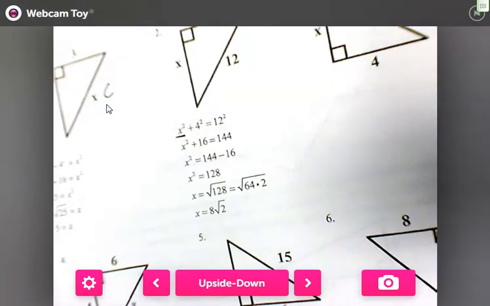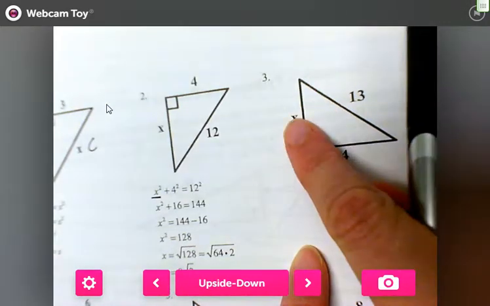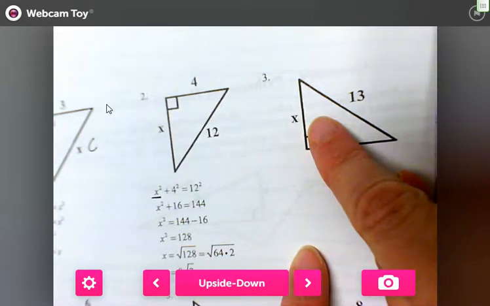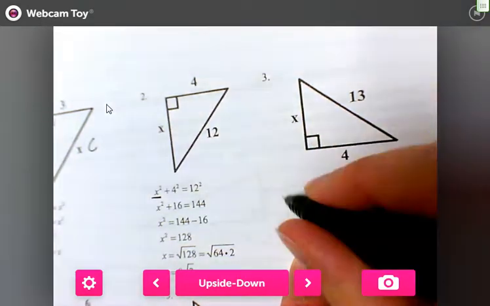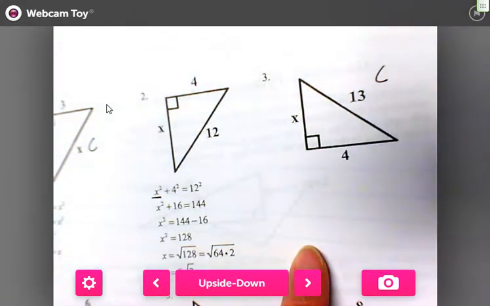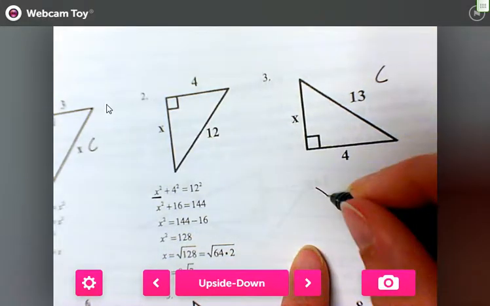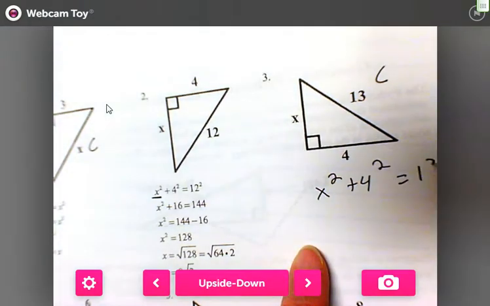So let's go ahead and try 3. Is x my hypotenuse? No. Can it be a or b then? Yeah. Okay. So this is my hypotenuse right there. I oftentimes will go through and just mark all the ones that are the hypotenuse, c, so I don't forget. Okay? I have x squared plus 4 squared equals 13 squared.